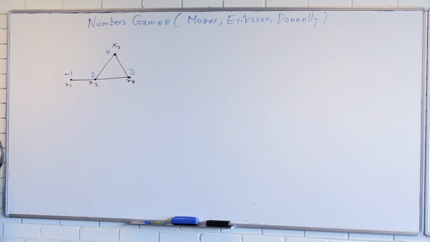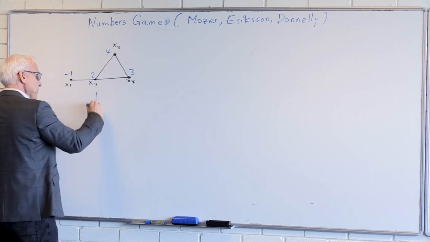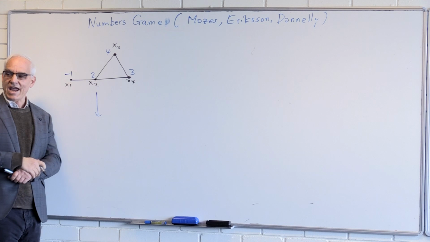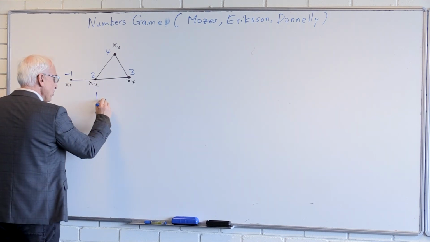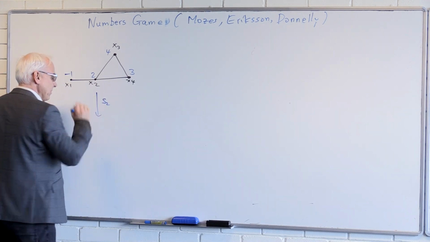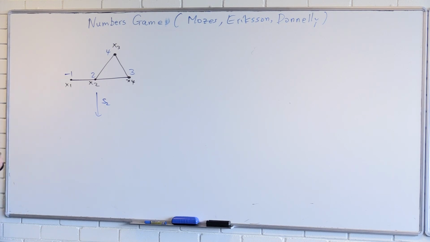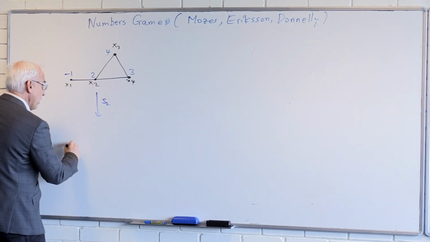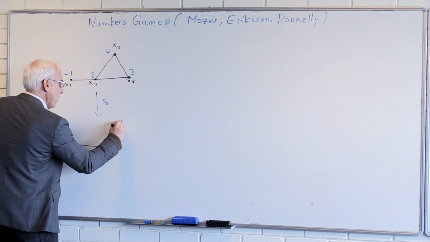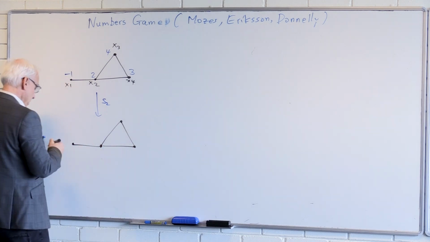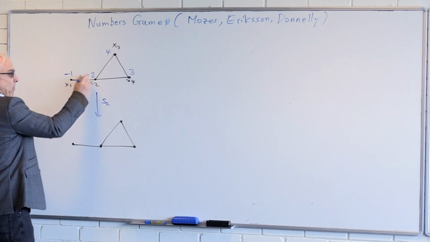Okay. So let me remind you that we could play the mutation game. If we play the mutation game and say mutate at S2, then what happens is the following. What happens to the population 2?